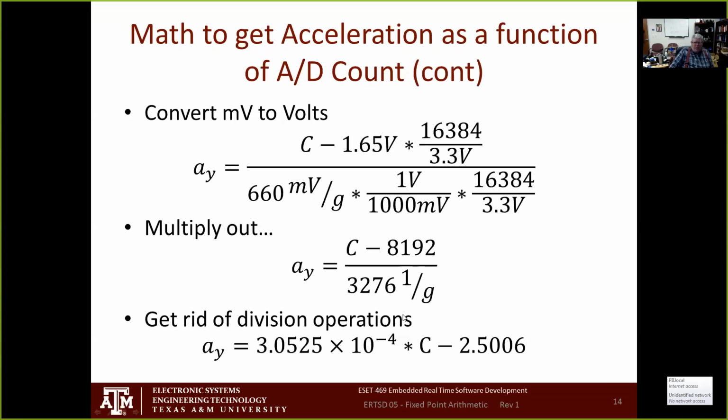And if I get rid of all my division operations, my acceleration in g is now going to be 3.0525 times 10 to the minus 4th times the A to D count minus this offset.